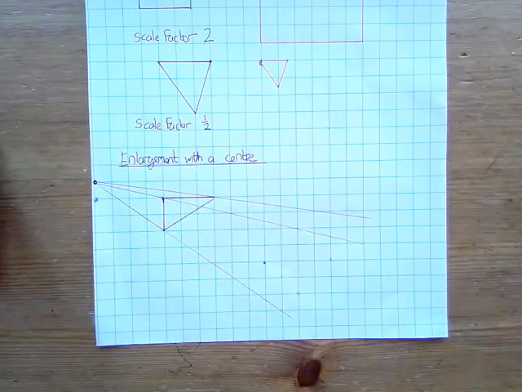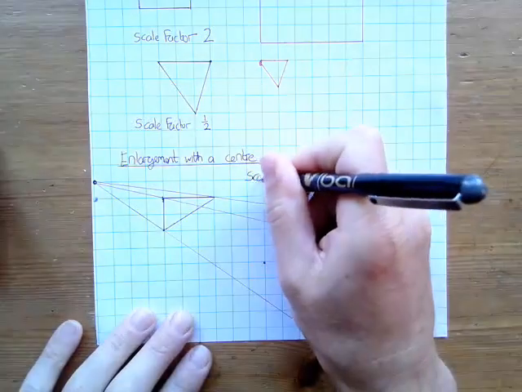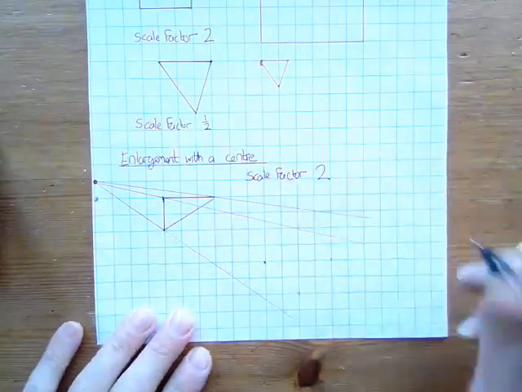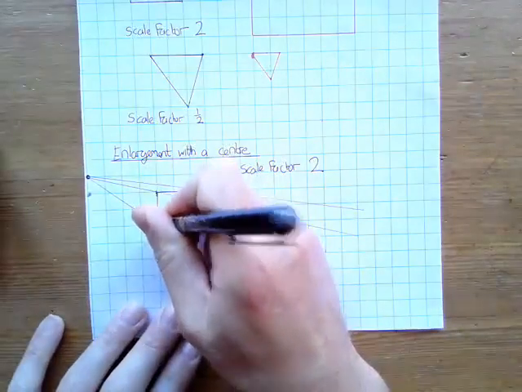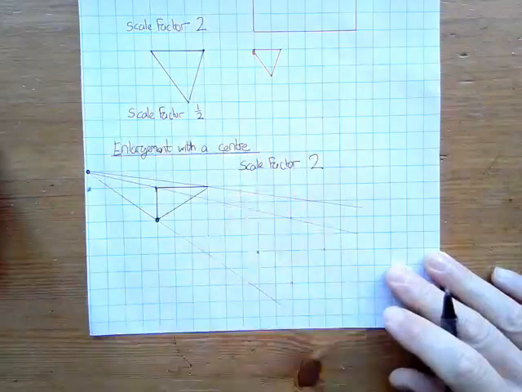Now, to do that, you only need to find where one of the corners of the shape would be. You can pick a corner to work on, and you just need to find out where that would be. Okay, so we're doing scale factor 2 here. So I'm going to pick this point here, and I'm going to try and work out where that would be for the shape to be twice as large.